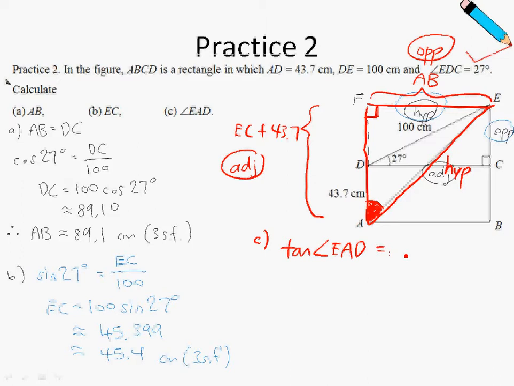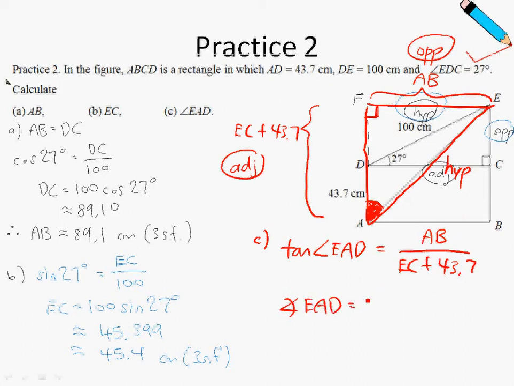Tangent of angle EAD is given by opposite over adjacent. So opposite is AB, this length over here, which is the same as AB, over adjacent. Adjacent is EC plus 43.7.